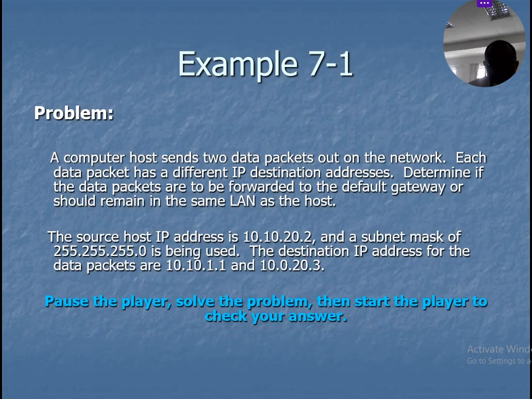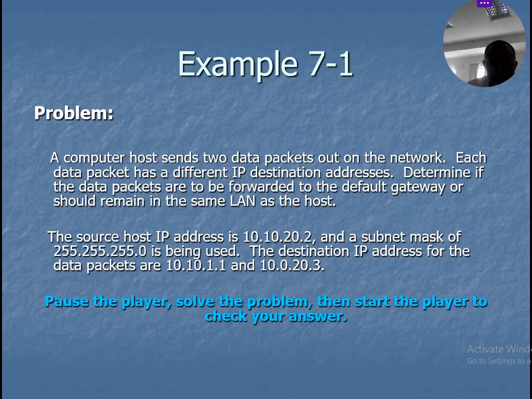Now let's take an example solving a problem: how to establish whether a given data packet needs to leave a particular network to another destination, or needs to be forwarded to a computer on the same network. Here is the example.